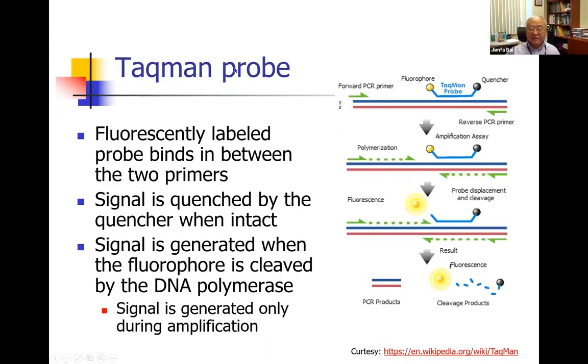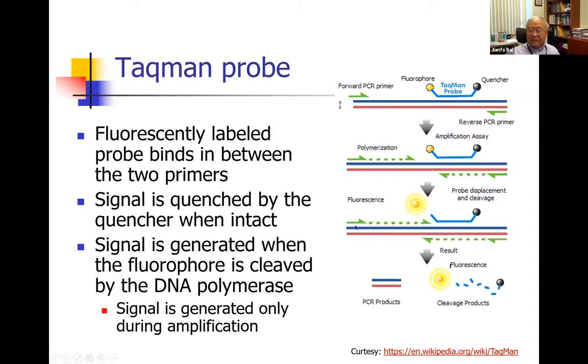TaqMan is one where you have a probe binding to the place between the primers. Those are primers, so it amplifies. Then you have a probe with a quencher next to it. When the probe is intact, the quencher absorbs the energy from the fluorophore and transforms it into heat, so you don't see the signal.